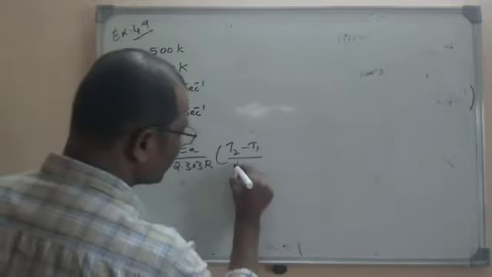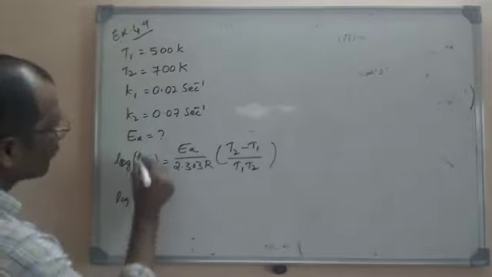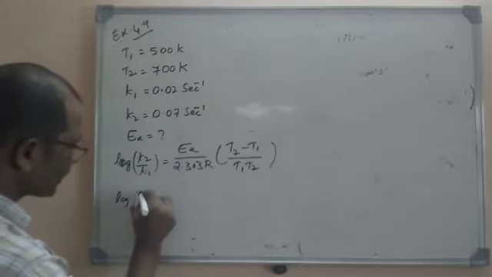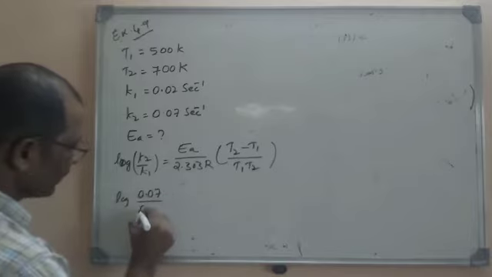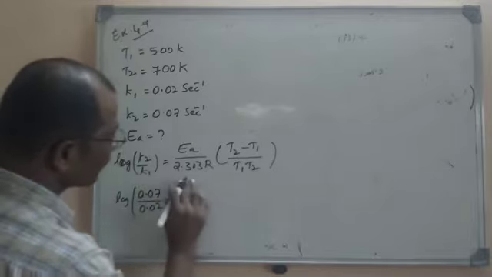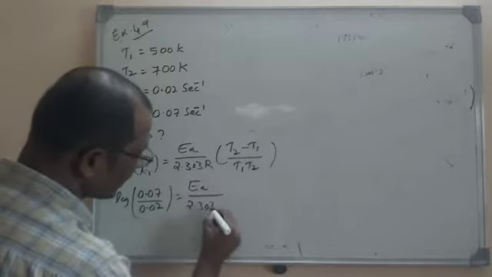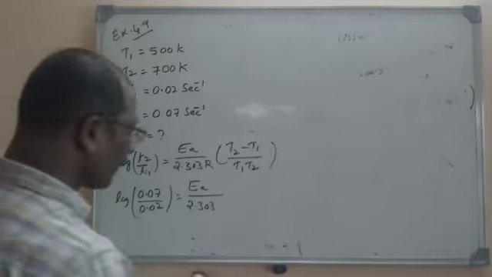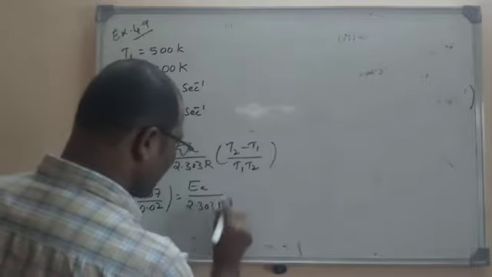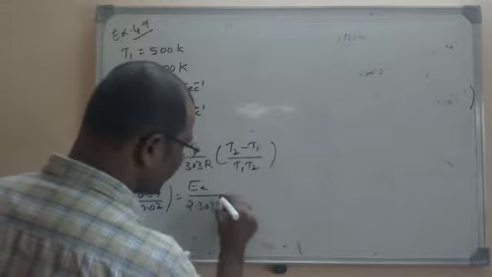Now logarithm of K2 by K1: K2 value is known to us, that is 0.07. What is K1? 0.02, is equal to the EA value we need to calculate, over 2.303 into R. R value, you know, the ideal gas constant, that is 8.314.